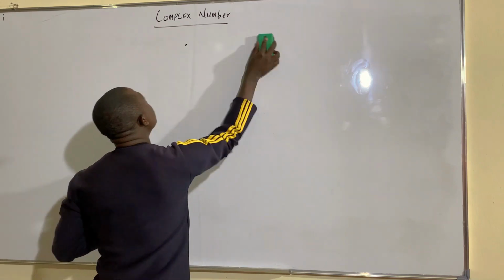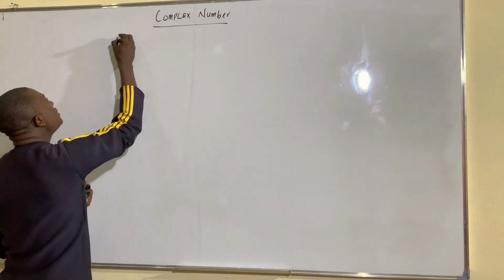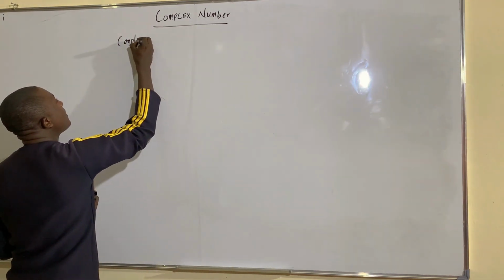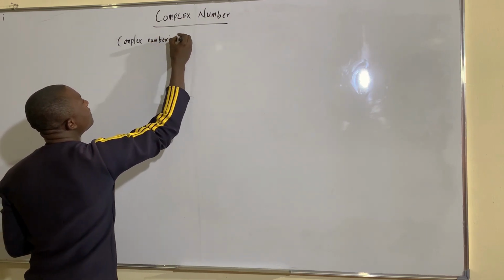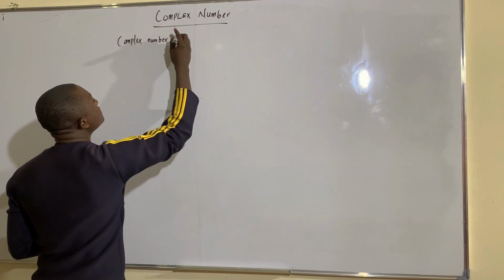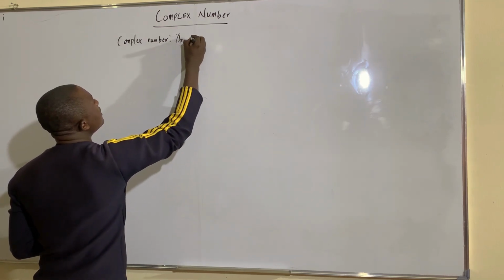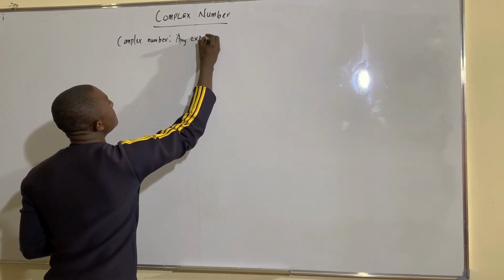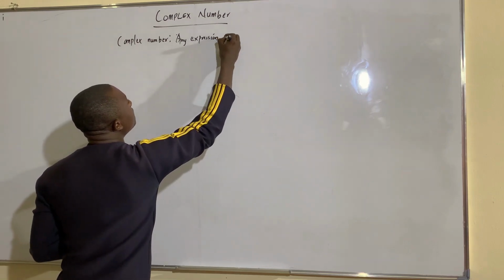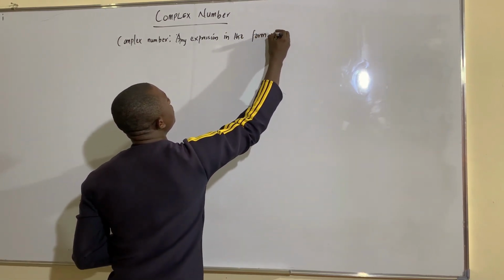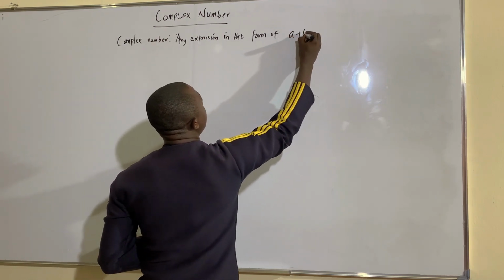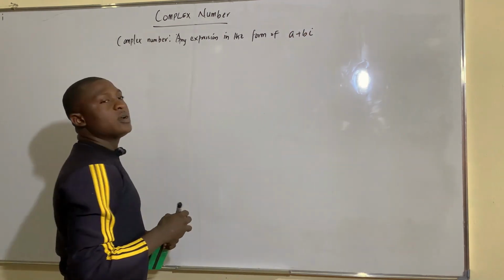Any number or expression in the form a plus bi is what we call a complex number.